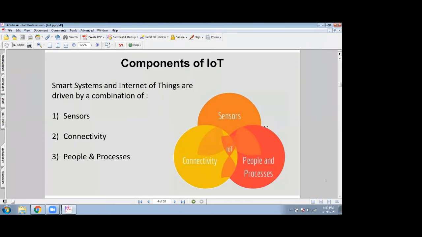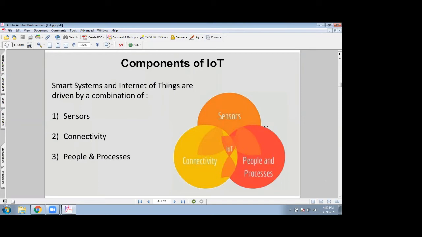So what do you mean by microprocessor or microcontroller? You said it's a microprocessor, microcontroller. So what is a microprocessor? I think you know what a microprocessor and microcontroller are.